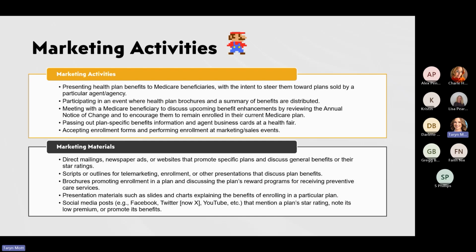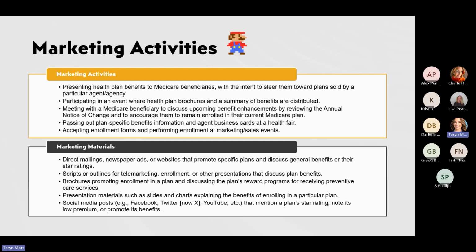Marketing materials are direct mailings, newspaper, websites that promote specific plans and discuss general benefits or their star ratings, scripts or outlines for telemarketing, enrollment, or other presentations, brochures promoting enrollment in a plan, discussing the plan's reward programs for receiving preventative care services, presentation materials such as slides and charts explaining the benefits of enrolling in a particular plan, and social media.